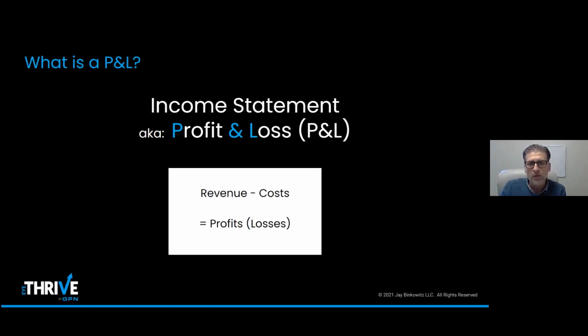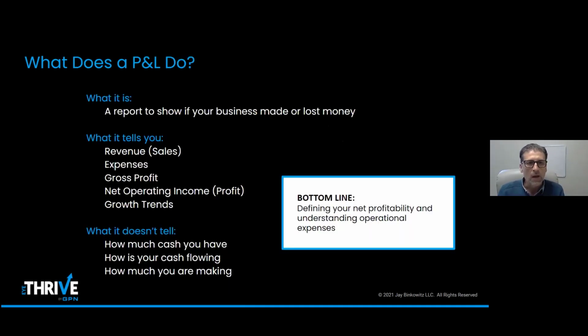Those expenses are applied against that revenue, and what's left over are profits, or in some cases, losses if we spend more than we bring in. So in its most simplistic form, a profit and loss statement says, here's what's coming into the practice, here's what's going out of the practice, and what's left over is either a profit or a loss.